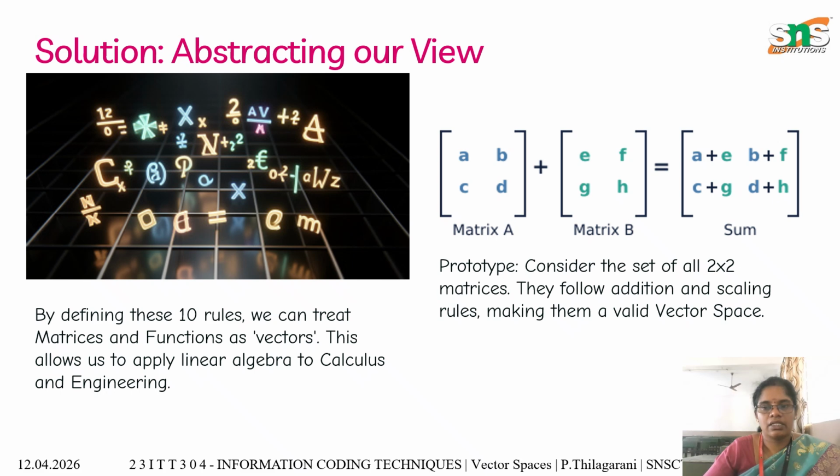In matrix A, we have A, B, C, D. In matrix B, E, F, G, H. The sum is A plus E, B plus F, C plus G, and D plus H. The prototype: consider the set of all 2 by 2 matrices. They follow addition and scaling rules, making them a valid vector space.